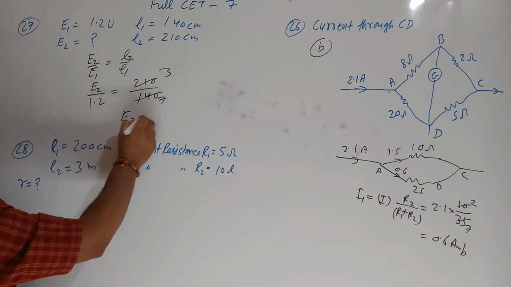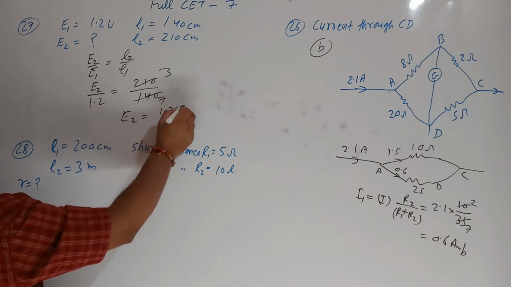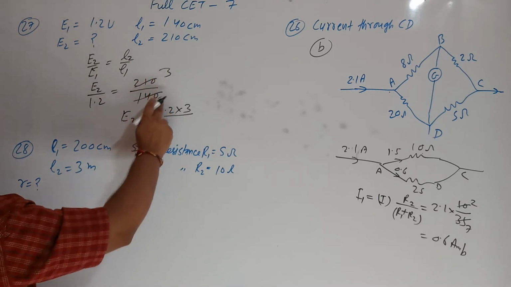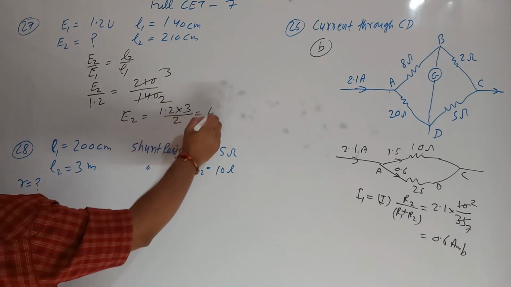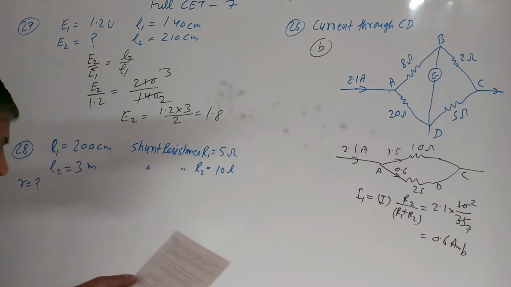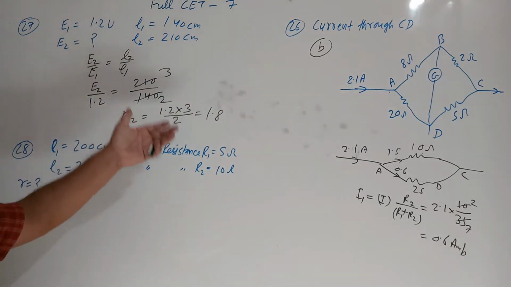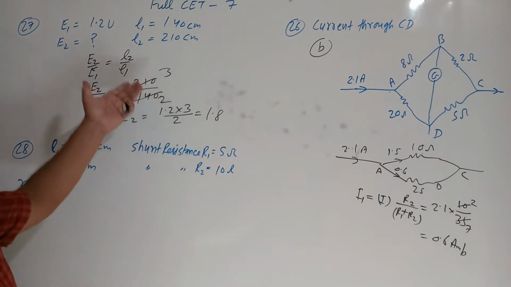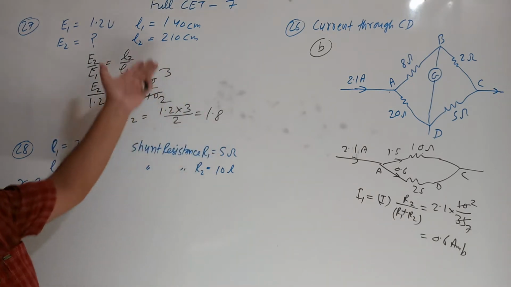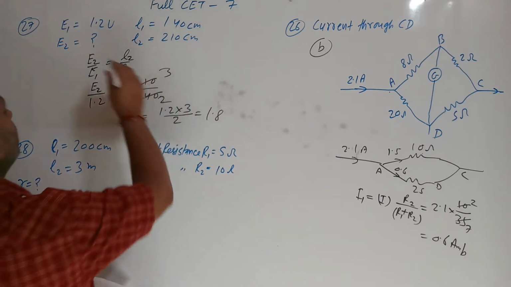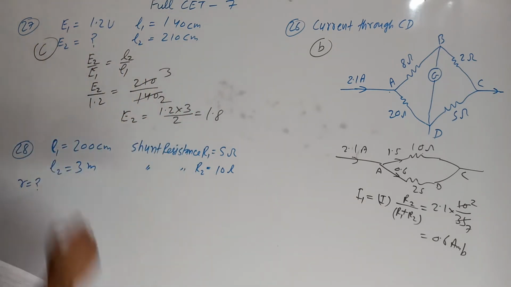So E2 is equal to 1.2 into 3 by 2 here. So that is 1.8. So question number 27, very simple. So you can see 27 option will be C.